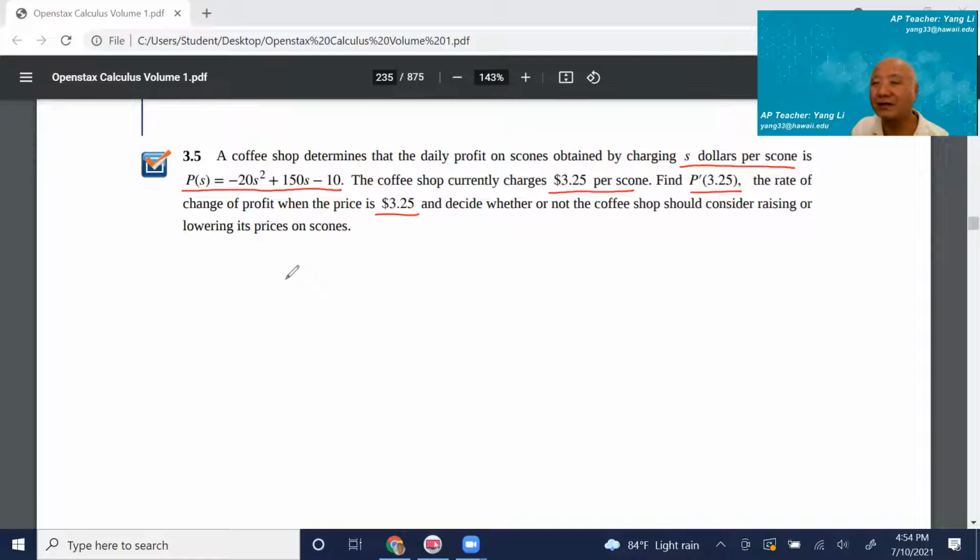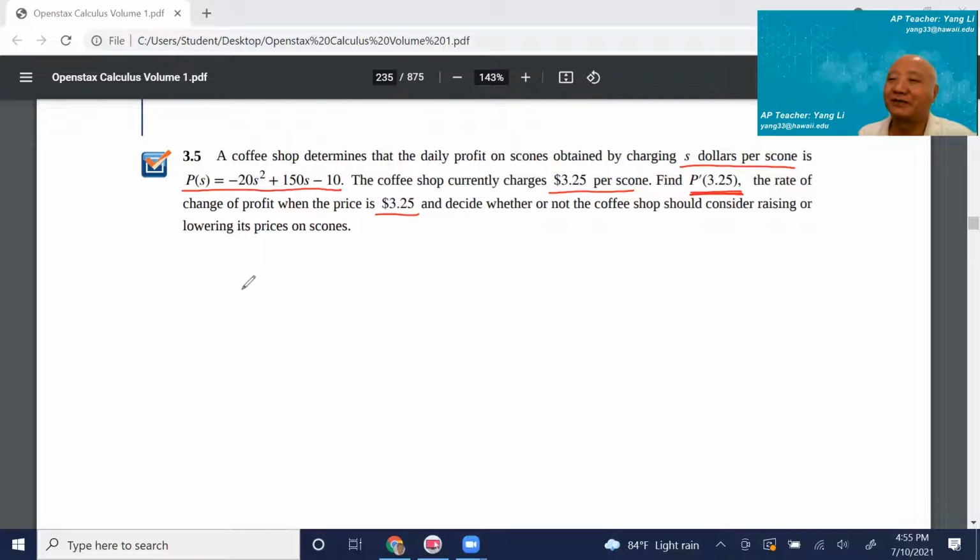Increase the price, your profit is still increasing. But if the derivative of the profit is negative, that's the time you have to reduce the price. Otherwise, your profit is going to get smaller, okay? And then decide whether or not the coffee shop should consider raising or lowering the price on scones, all right?